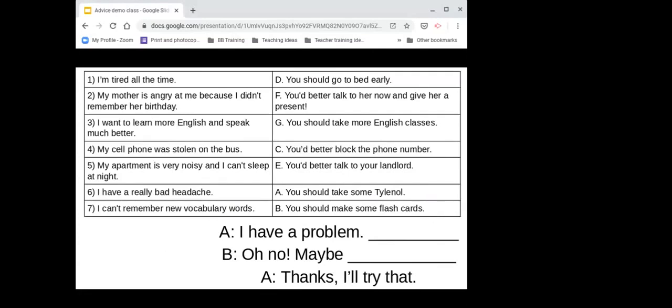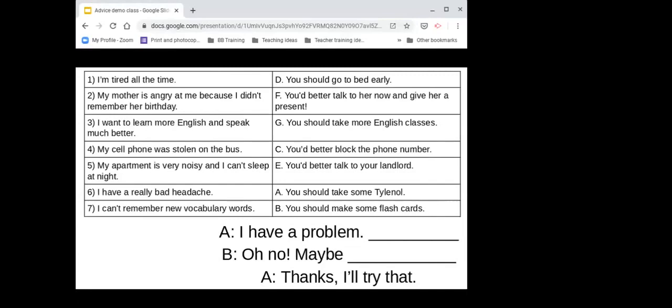Let's check. We have 1D, 2F, 3G, 4C, 5E, 6A, and 7B. All right, did you get them right? It looks like most people got all the answers. Excellent.